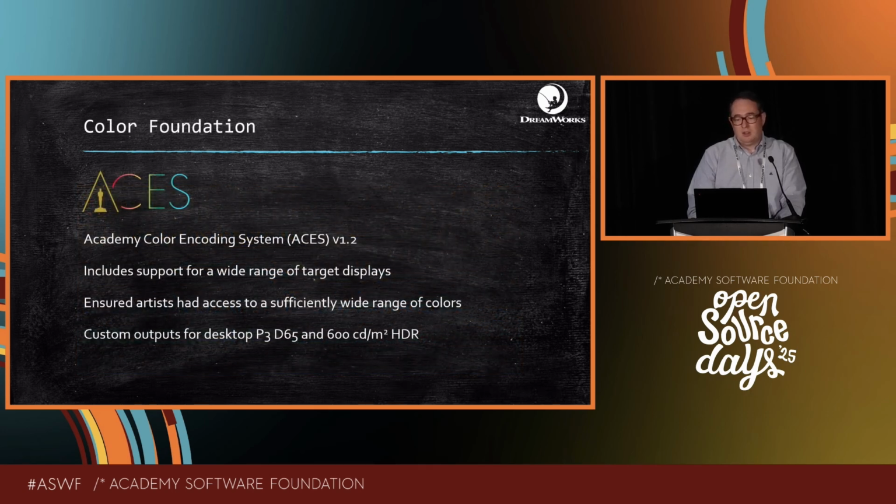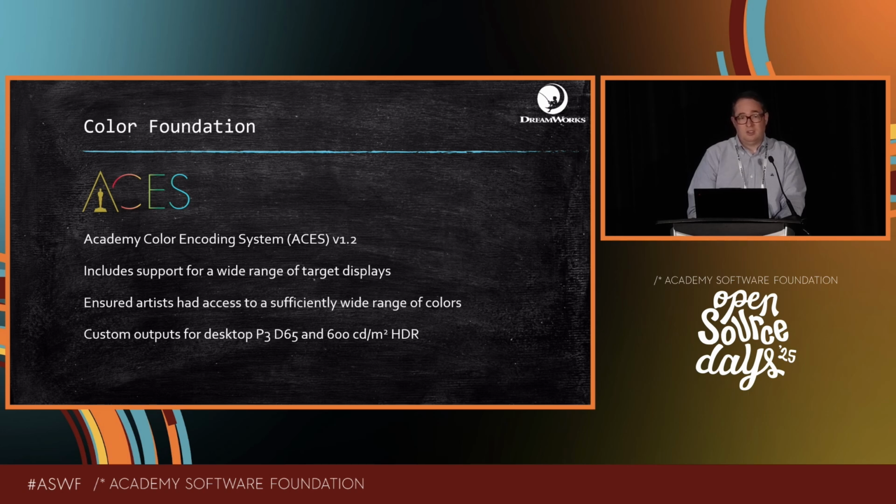The Academy Color Encoding System, or ACES, served as the color foundation, and version 1.2 was used. With the project's timeline, ACES version 2 is still in development and a bit too early to adopt. However, we do have planned upcoming adoption. OCIO v1 configs were also used due to some digital content creation software constraints.